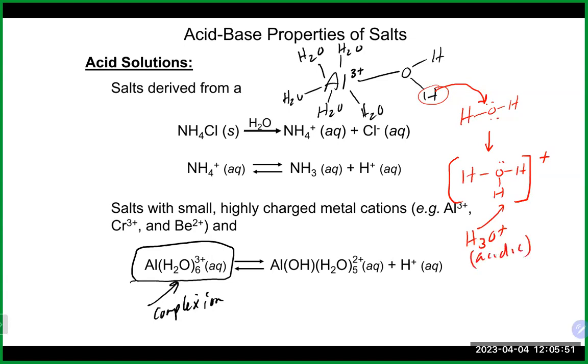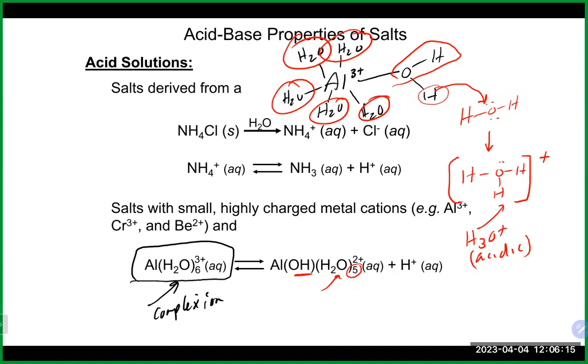What happens to our complex ion is, if you look at it, there's still 5 waters that are intact, which is why this says H2O to the 5th. One of the waters will lose that H plus, and that's why there's an OH here. That's the one that lost the H plus that came off.